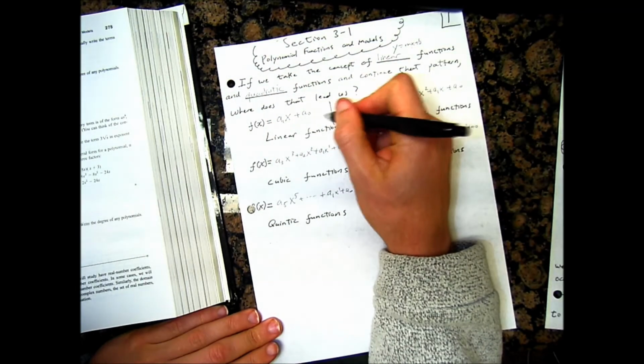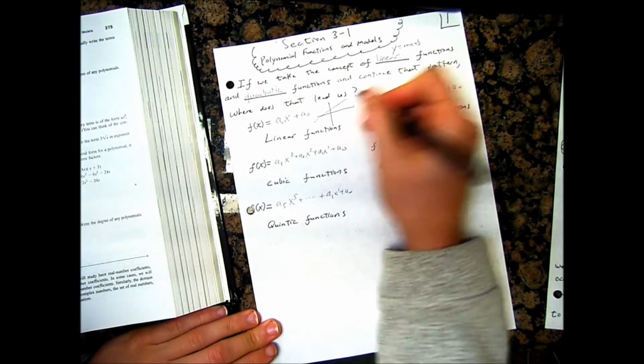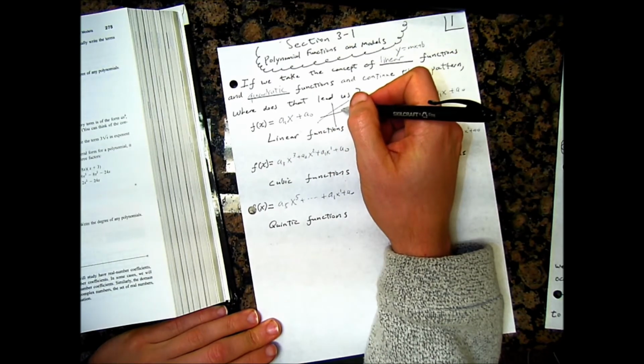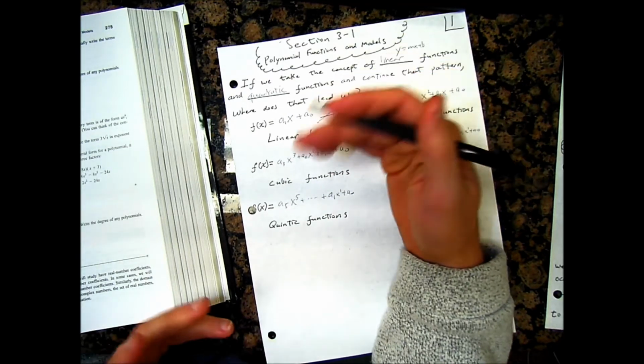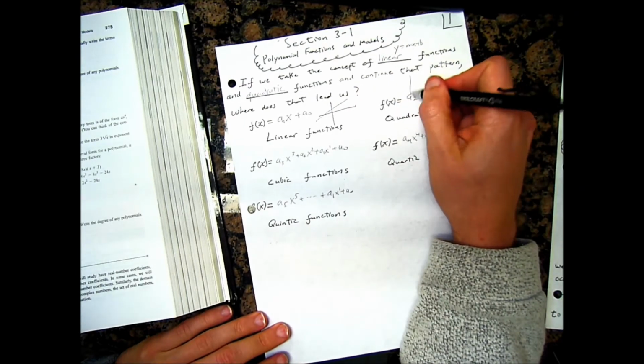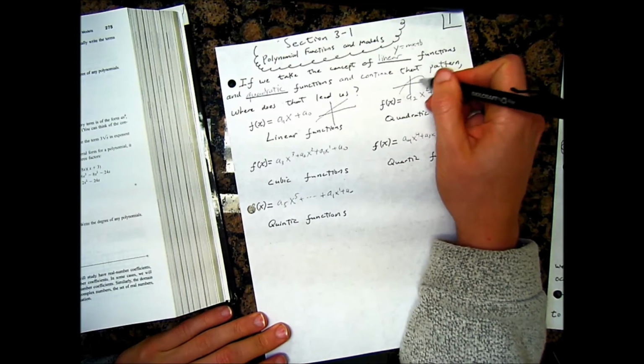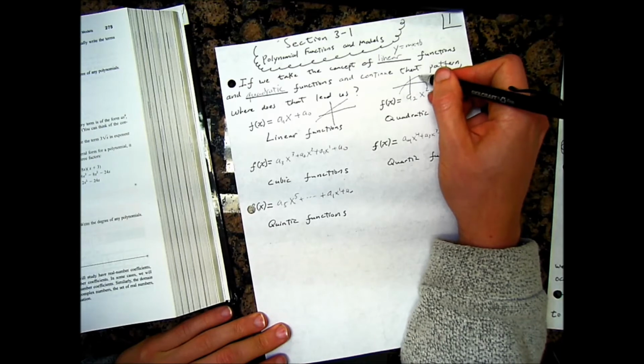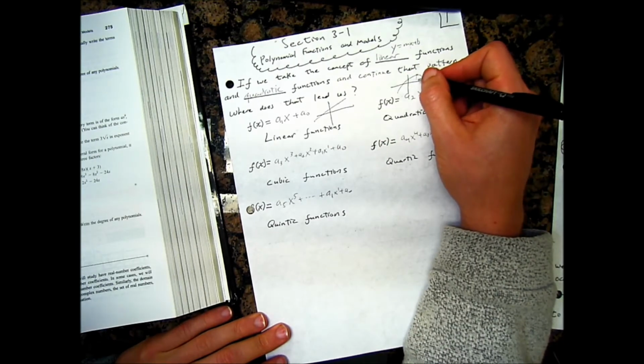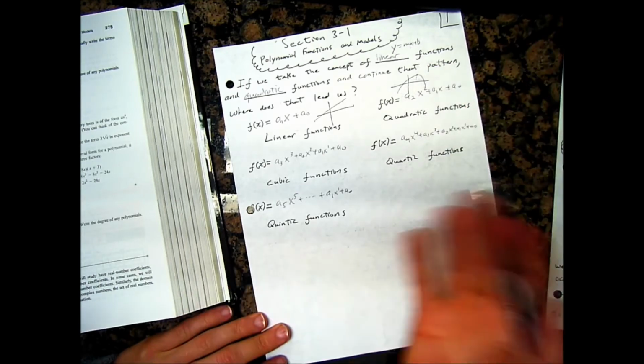So this is what we've been looking at. In linear functions, we learned how to plot them and how to model certain situations with them. Quadratic functions, we learned the shapes and what the vertex is and different aspects of it. And then for cubic functions, most books start classifying that as just a polynomial.